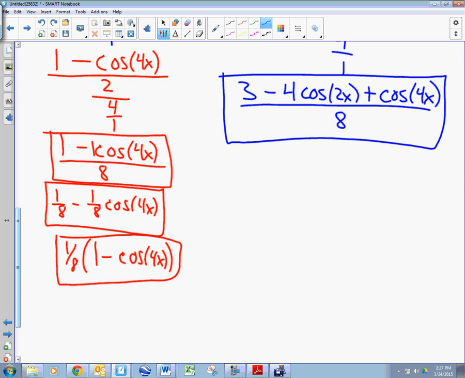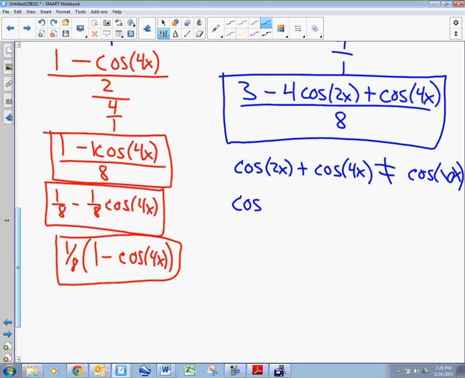Couple things I want you to know, okay? Please watch this. Cosine of 2x plus cosine of 4x does not equal the cosine of 6x. No way. You can't combine these. All you can do is leave them alone. You can't simplify that.